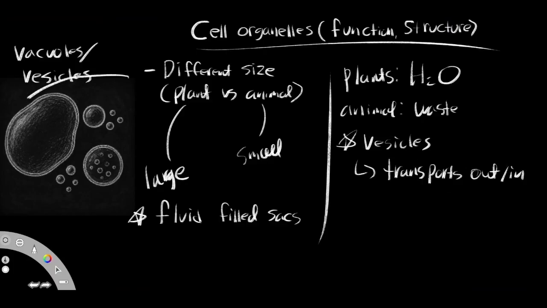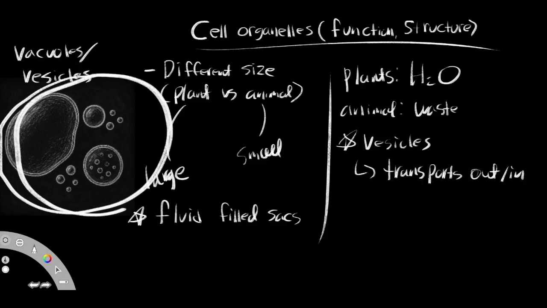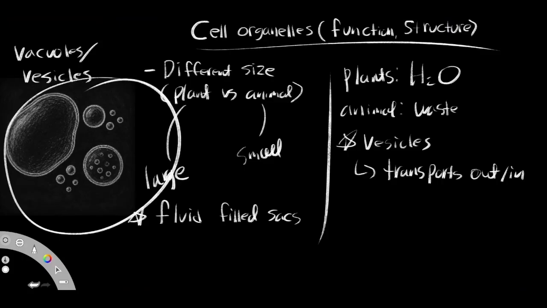Okay, so because the vesicles transport things, if this was your cell over here, this whole thing, let's say, was your cell, certain things need to get out. So it's going to go towards this boundary over there of the cell, and it's going to allow certain things to go out, based on what it has locked up in there.